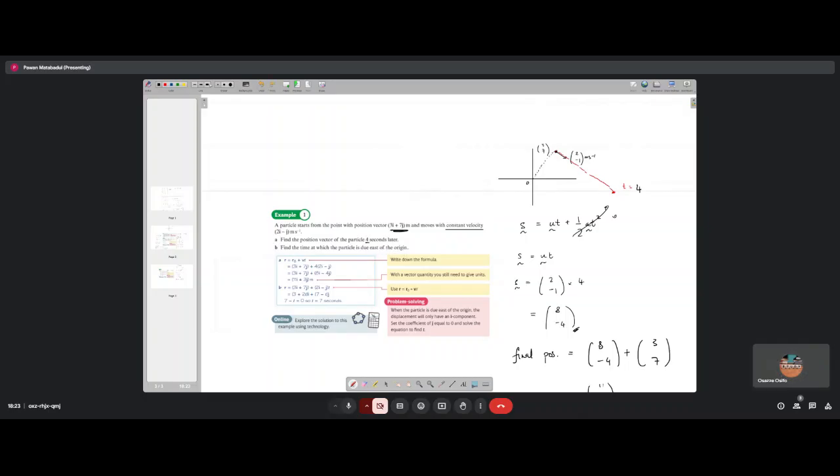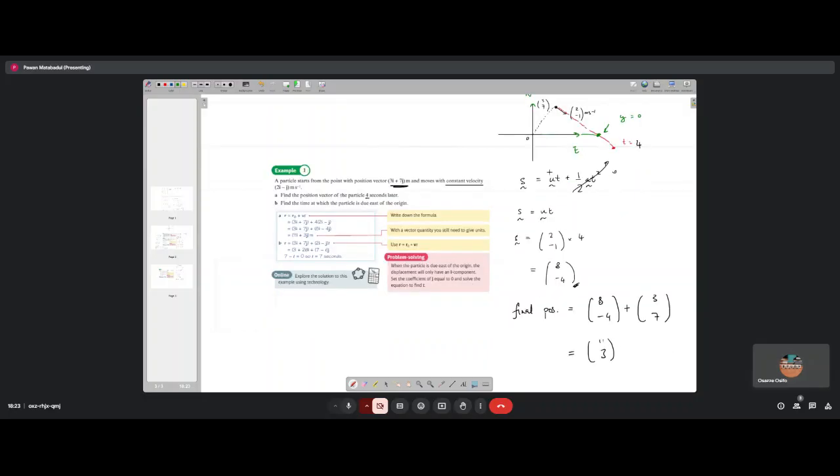So basically what they're asking for is, okay, so this is north, and then this is east. So when it says east of the origin, I'm guessing it's when the particle is intersecting the axis. So whenever the y position is 0, does that make sense? So when the y position is 0, then we know that we're due east. Does that make sense? So that's what they've done there.